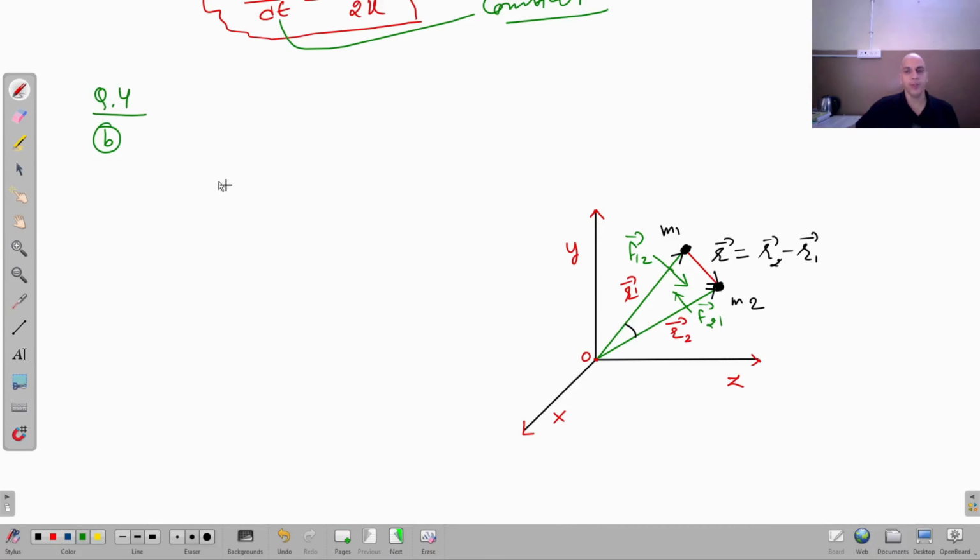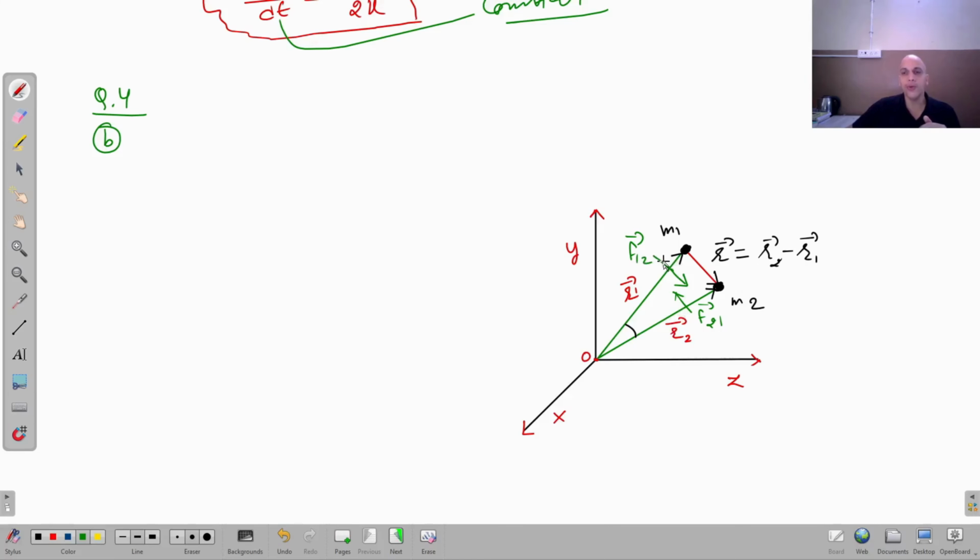Here I have taken two bodies of mass m1 and m2. These two bodies are interacting under the influence of a central force field, and I have taken the force as gravitational force. This is the coordinate system you can see here. Let at any time this body be at this position having position vector r1, and this body at this point having position vector r2.